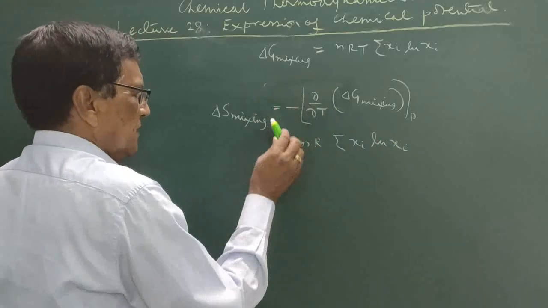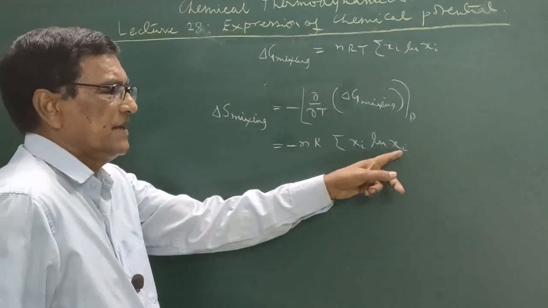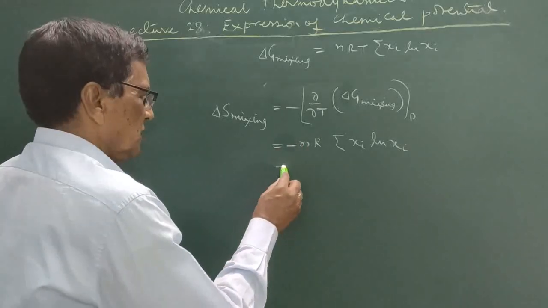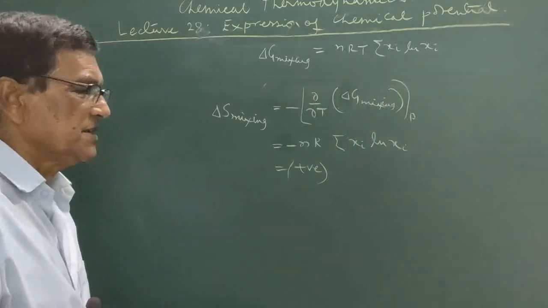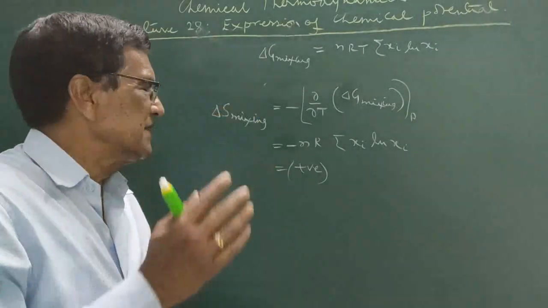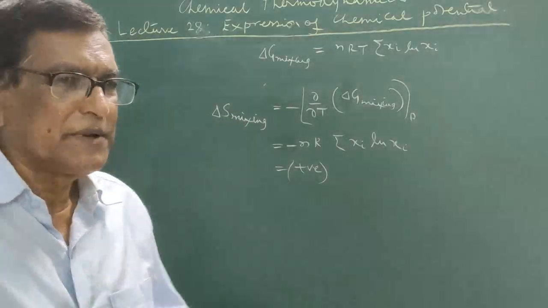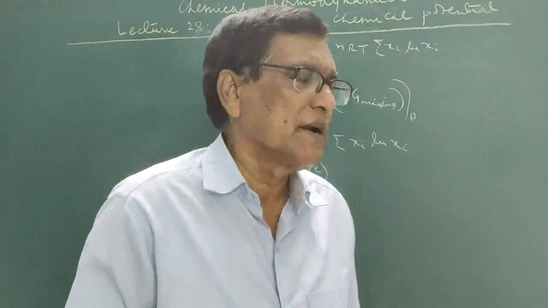Again xi is a fraction, so ln xi is negative, and negative times negative is positive. That means whenever these two gases are mixed freely, the entropy increases and delta S mixing becomes positive. Randomness increases whenever the two gases are mixed up.